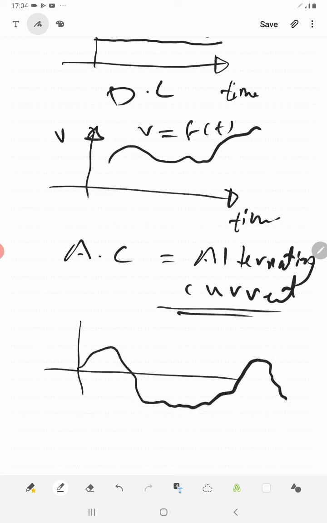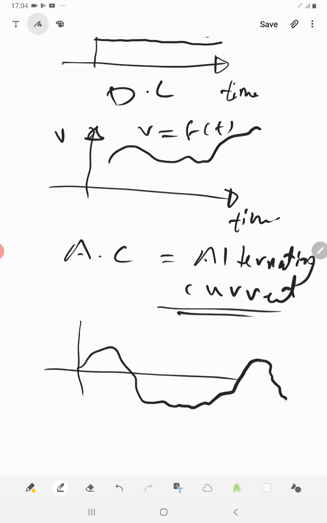So tau is equal to the period, or T. Let's assume this is T, not tau. Let's call it T, period. Then omega times T is equal to 2 pi, equal to 1 cycle, which means that T is equal to 2 pi divided by omega.